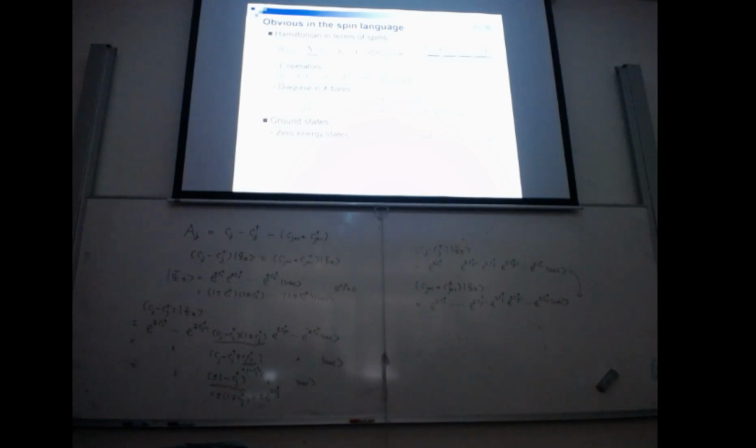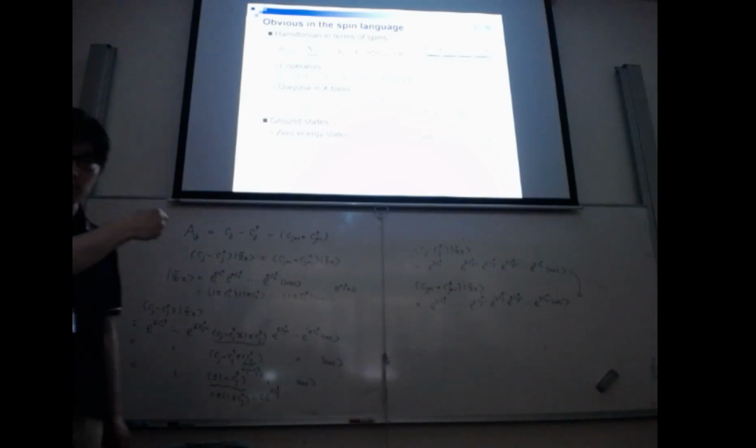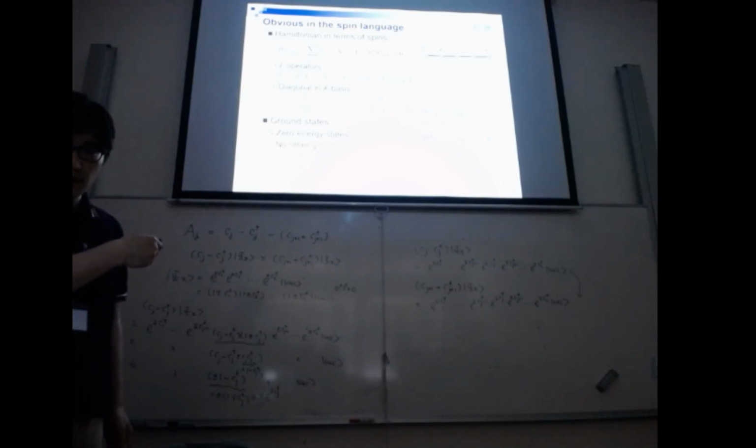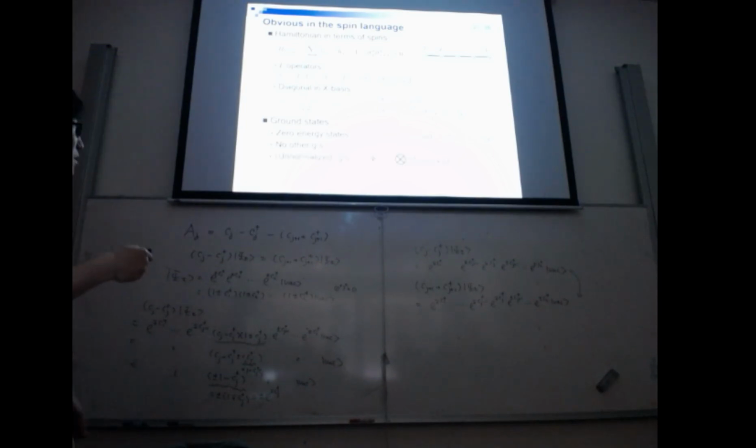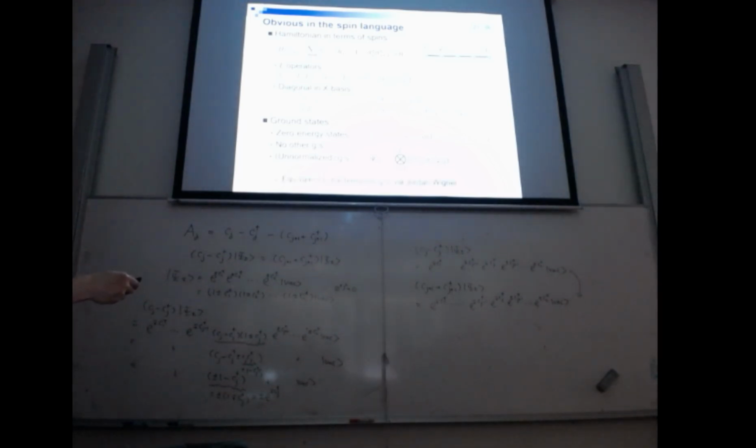You see, these product states are zero energy ground states of this classical model, and there are no other ground states. These are the ground states in terms of up and down x. And if you identify up with the empty state and down with the filled state, this is equivalent to the fermionic ground state in the previous page, this guy.